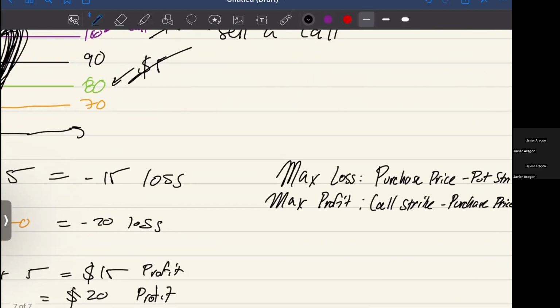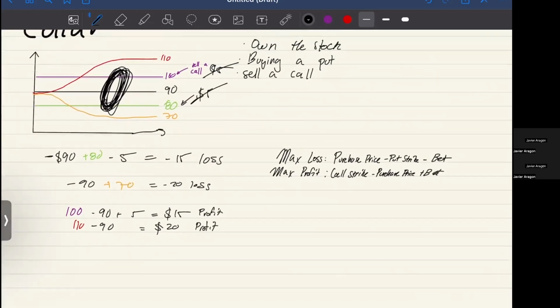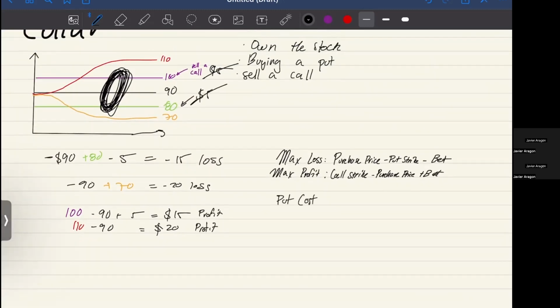Your put costs $5, and then your call sells for $5, so these cancel each other out.